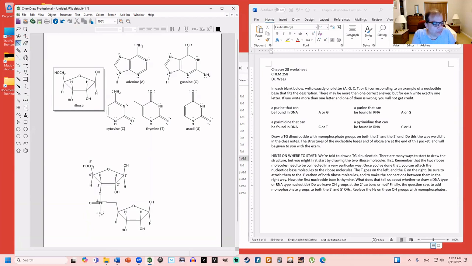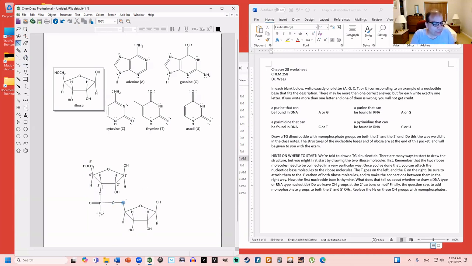Let's try this. Still working on it. So I want to connect that oxygen to this phosphorus. This is sort of like doing active homework. There we go. Finally, we're good.